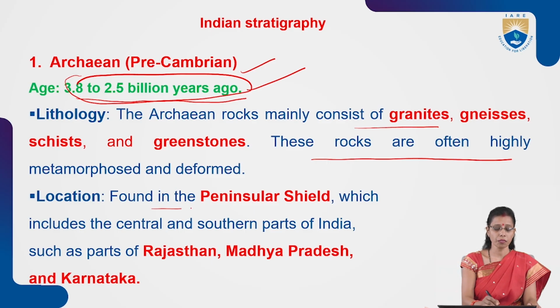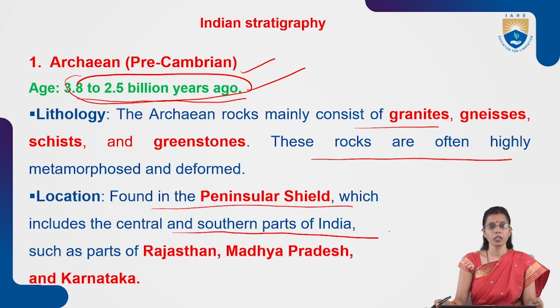Now location: these are found in the peninsular shield, which includes the central and southern parts of India, such as parts of Rajasthan, Madhya Pradesh and Karnataka.